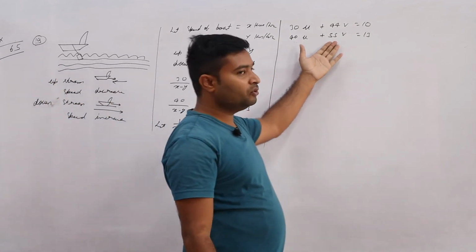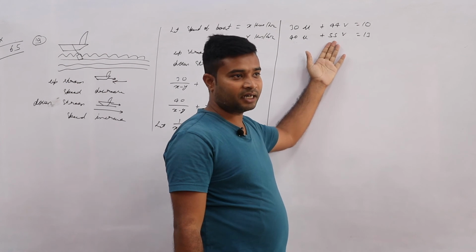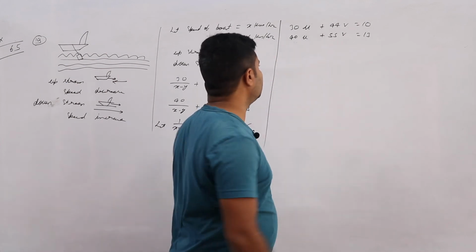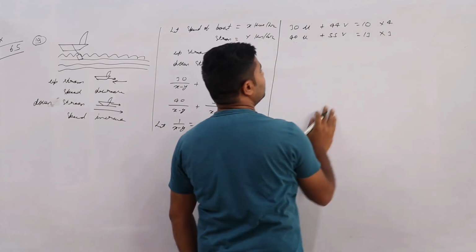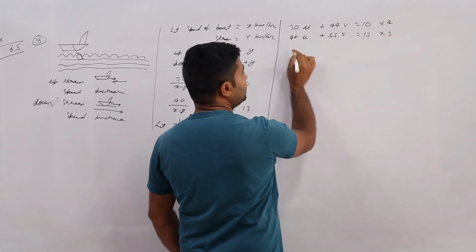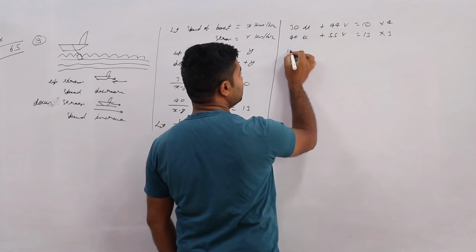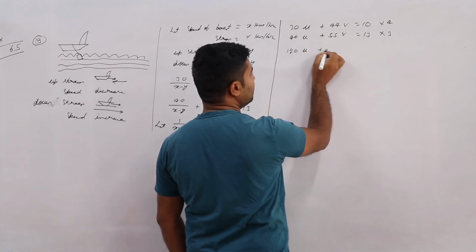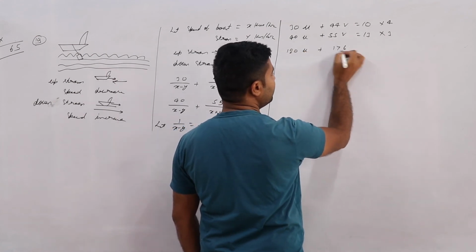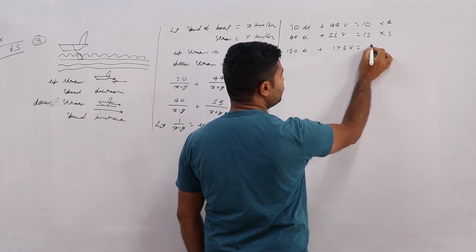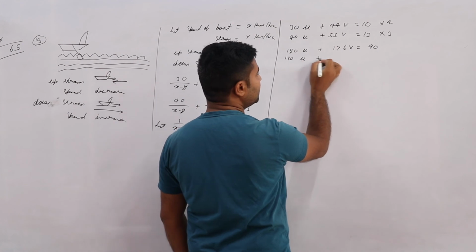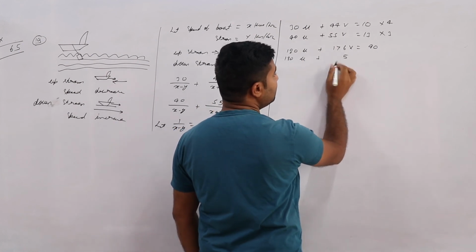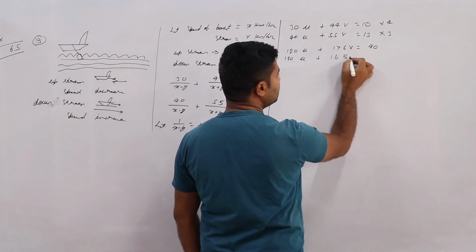For cancelling v, you need to think a lot. So better to cancel u. Multiply here by 4, here by 3. So what becomes? 120u plus 176v is equal to 40, and 120u plus 165v is equal to 39.